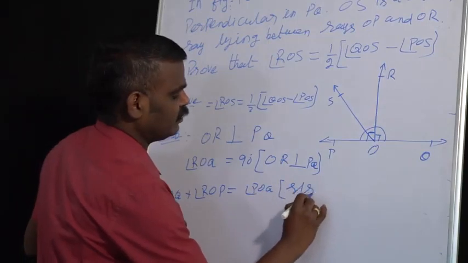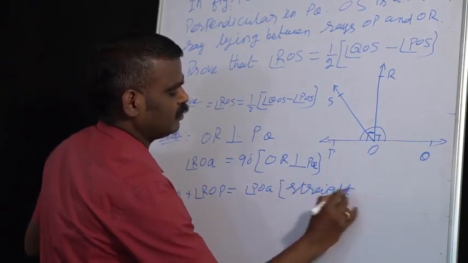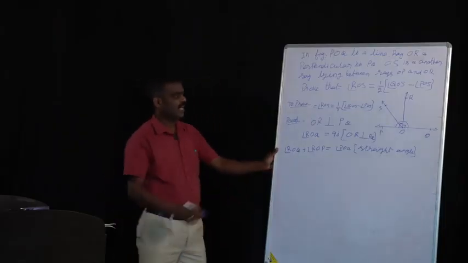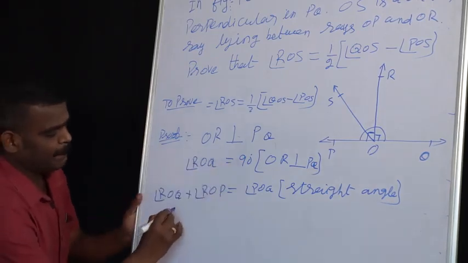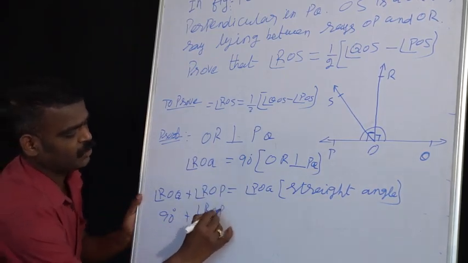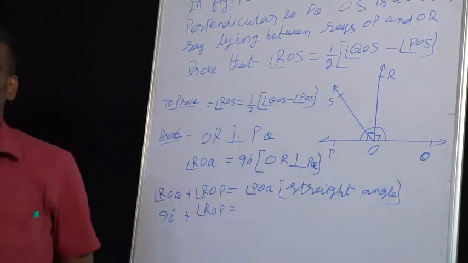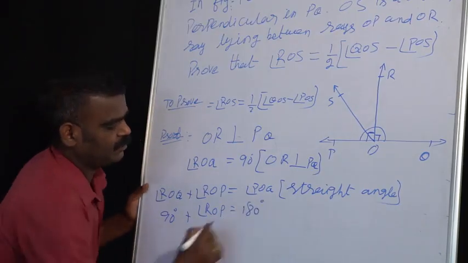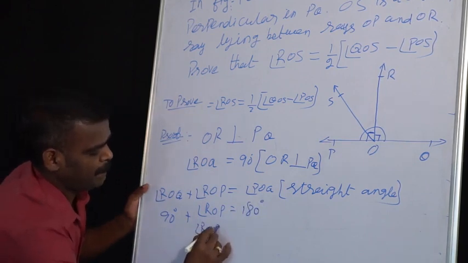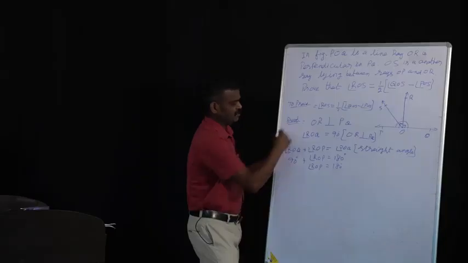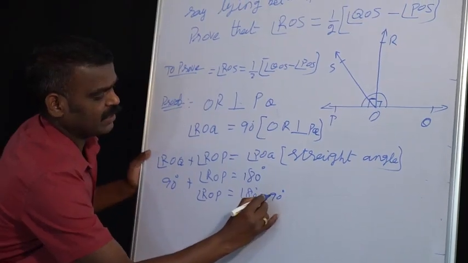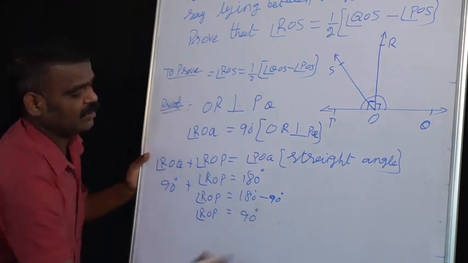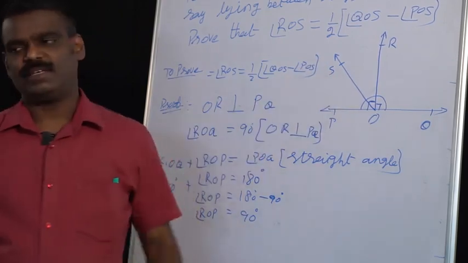A straight angle, right? A straight angle is equal to 180 degrees. Angle ROQ is 90 degrees, then angle ROP we do not know. So 180 minus 90 degrees is 90 degrees. So this angle also is 90 degrees.